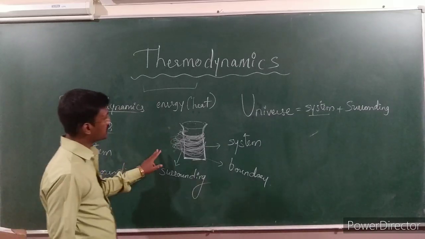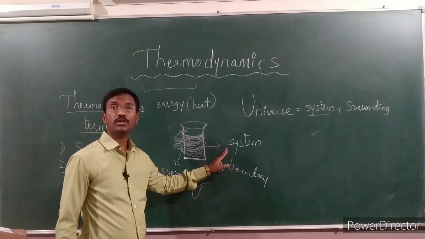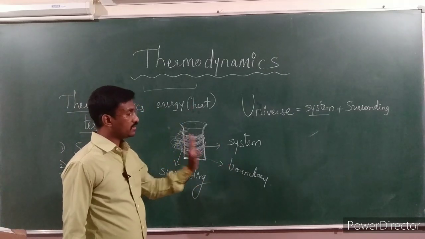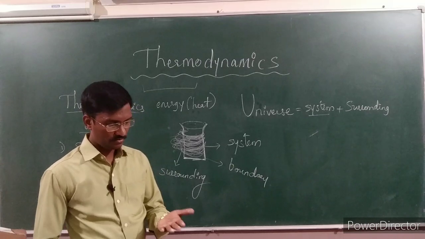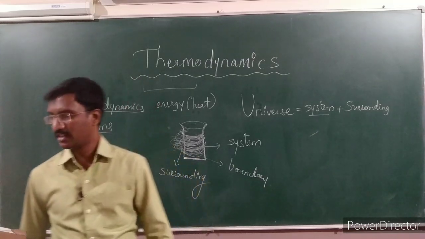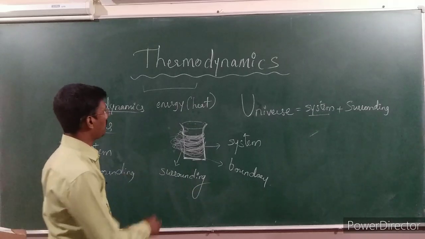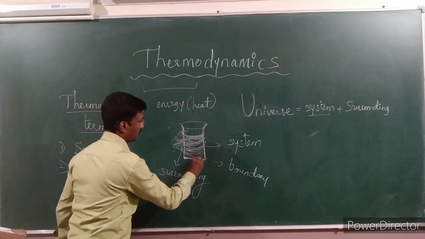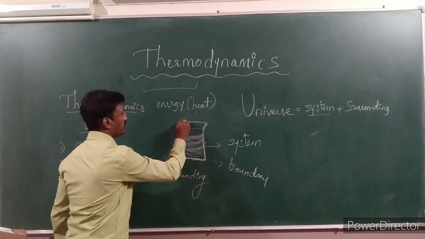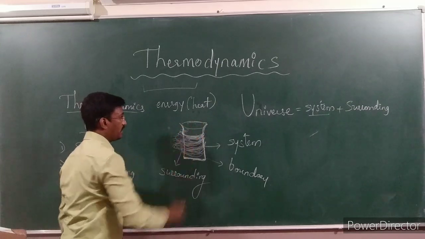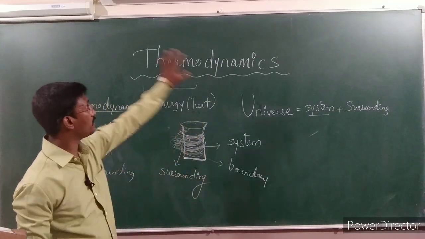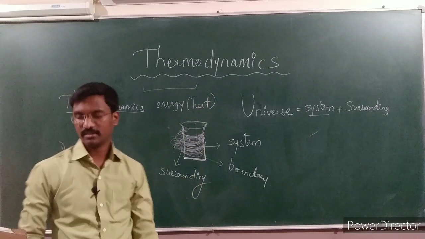System is nothing but a part of the universe in the overall. Think of it like this. What should I say once again? You just take the whole board. If I am talking about this container, then I can call this container the system and the remaining is called the surrounding.